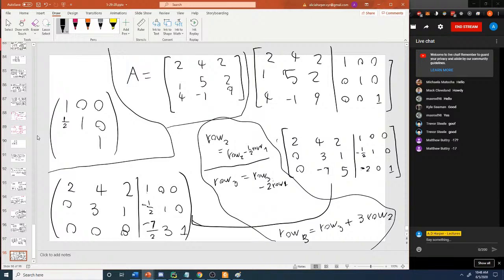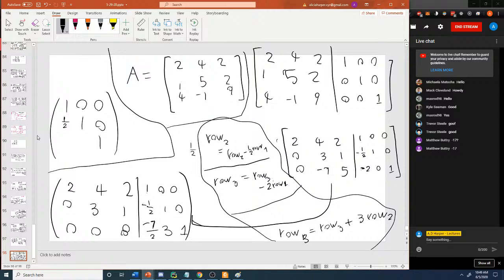And this positive 1/2 is going to correspond to this change. Now, for this change right here, this is where I took row 1, and I subtracted 2 times row 1 from row 3.